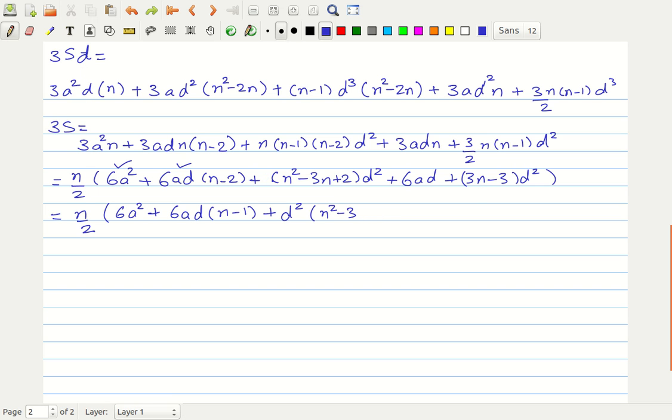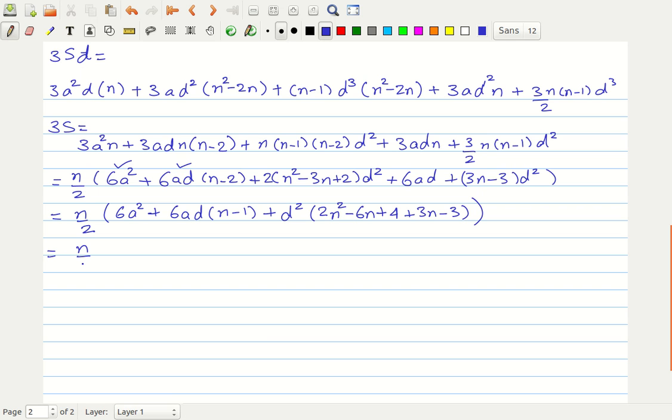Yes, so n by 2 times 2n square minus 6n plus 4, this is correct, plus 3n minus 3, and this will simplify further.